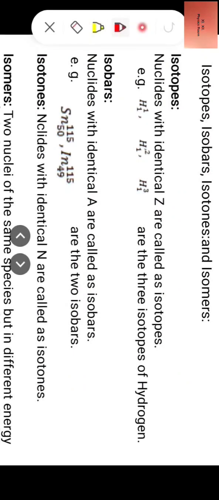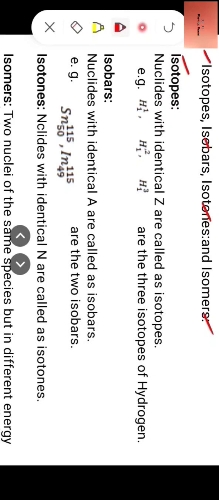Okay. Now other preliminary terms we have to learn are isotopes, isobars, isotones and isomers. So let us first understand isotopes.